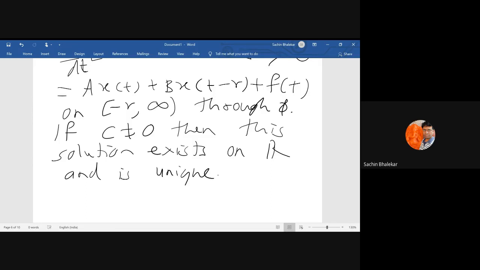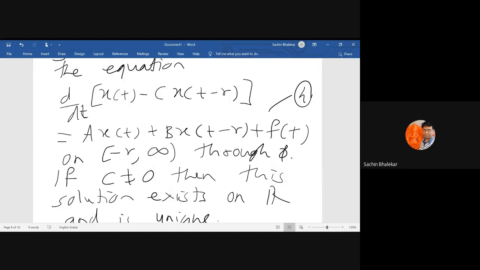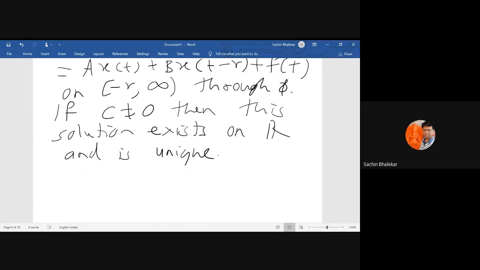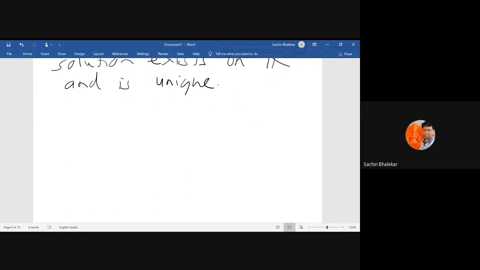Here we substitute x of t minus c times x of t minus r as y of t, and this equation becomes y dot of t equal to a x of t plus b x of t minus r plus f of t, and the proof will be easier. In the next lecture we discuss some more analogous results which we discussed in the previous section.